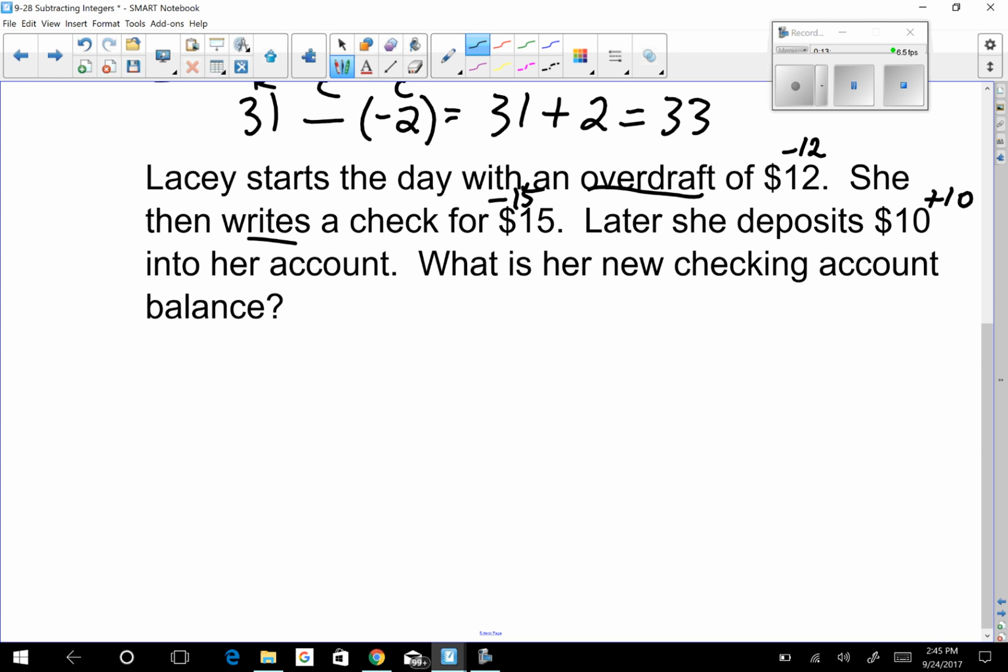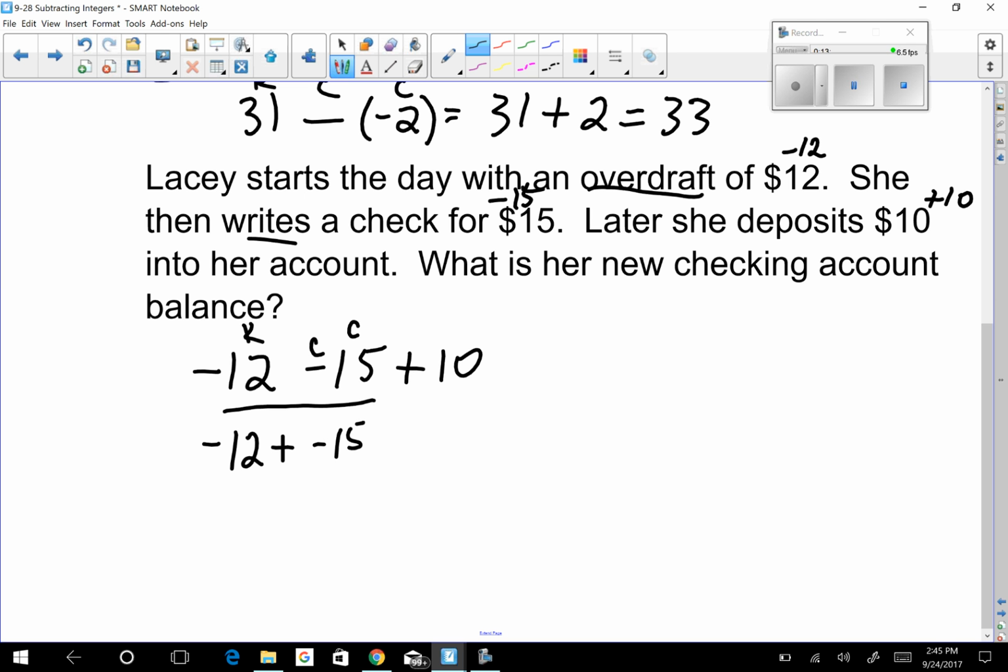We're going to write this as a problem from left to right. So she starts with negative 12. Then she takes out another 15, and then she's going to add in $10. So we have to work these from left to right. We're going to start with this one. We see it's subtraction, so we're going to use keep, change, negative 12 plus a negative 15.